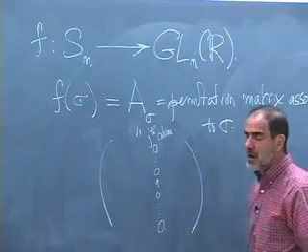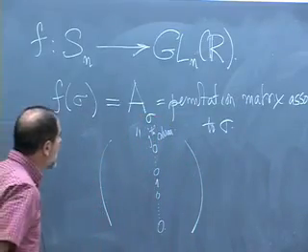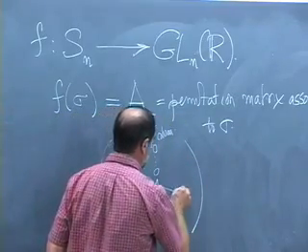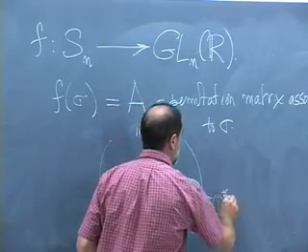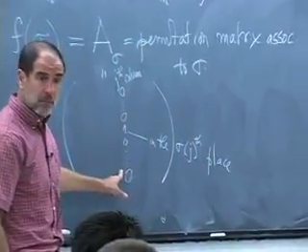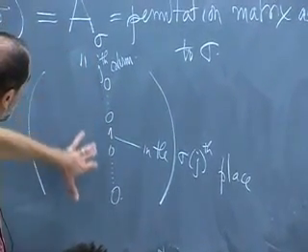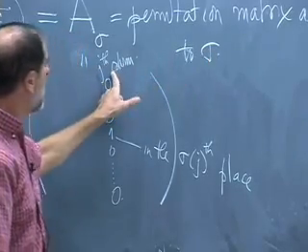And the 1 occurs in the place that sigma takes j to. So this occurs in the sigma of jth place in this vector. So each column is all zeros and a 1. And the 1 tells you where the permutation takes j.